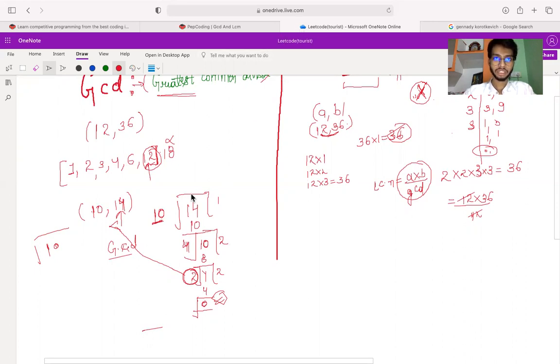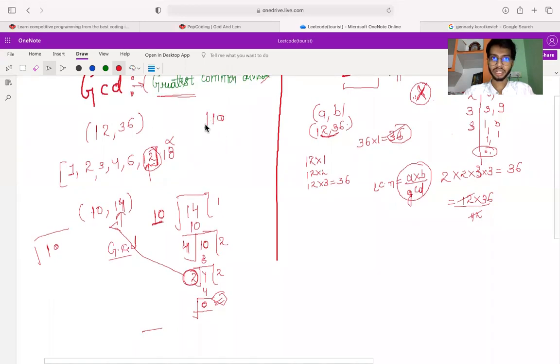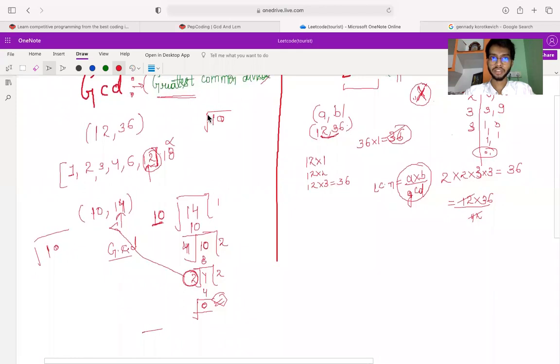So let's take it here. For example, I'm going to make 10 my dividend, and I'm going to divide it with 14, that is the divisor. So if I divide 10 with 14, 14 into 0 is equal to 0, and what will be your remainder?